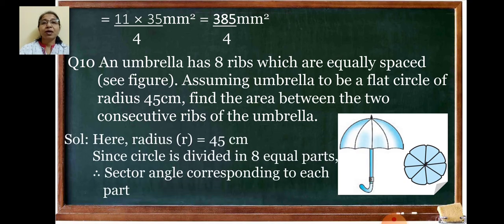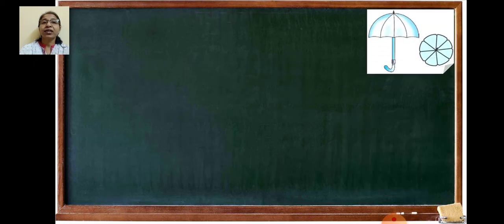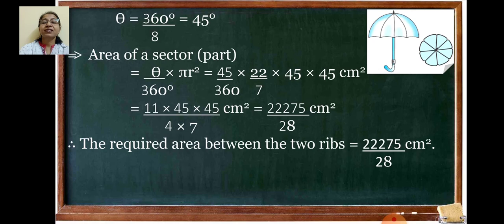The radius of this umbrella is 45 centimeter. Since the circle is divided into 8 equal parts, the sector angle corresponding to each part is given by 360 divided by 8, and the answer is 45 degree.